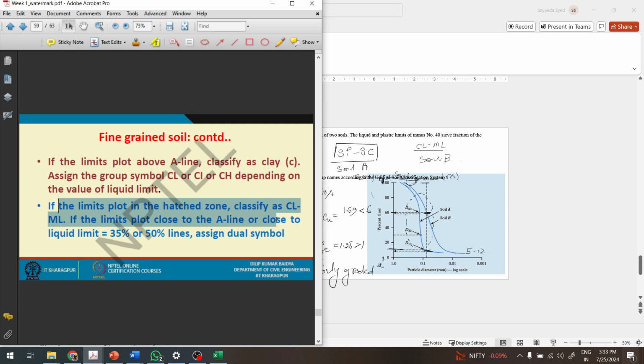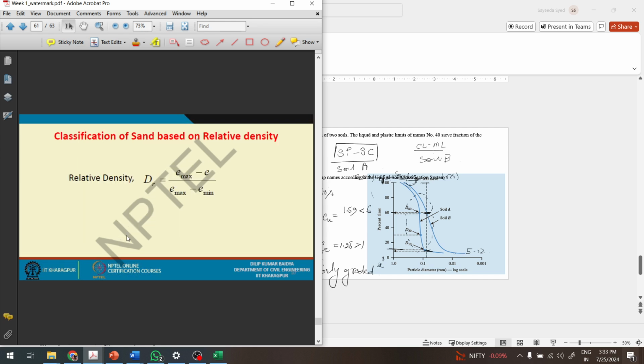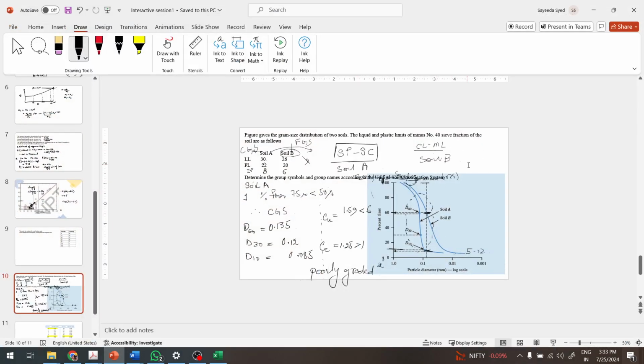So we already have CL-ML, and the second soil, soil B, is CL-ML.